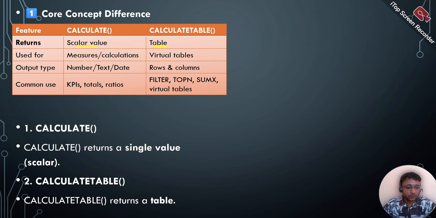CALCULATE is used with measures and calculations, and CALCULATETABLE is used for a virtual table. The important thing to remember is that CALCULATE returns a single value or scalar output, and CALCULATETABLE returns a table. Let's move to the next.